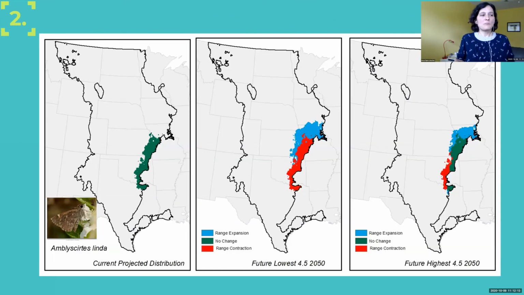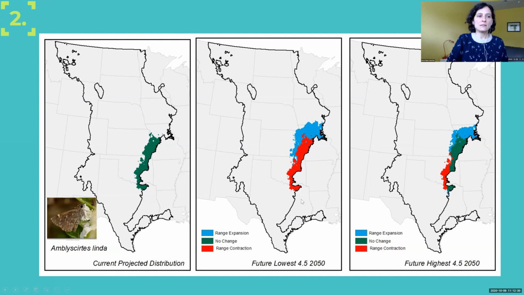Okay, so here's an example for one species. Here's the projected geographic distribution, the potential distribution under current conditions, from 1960 to 2000, under baseline climatic conditions.